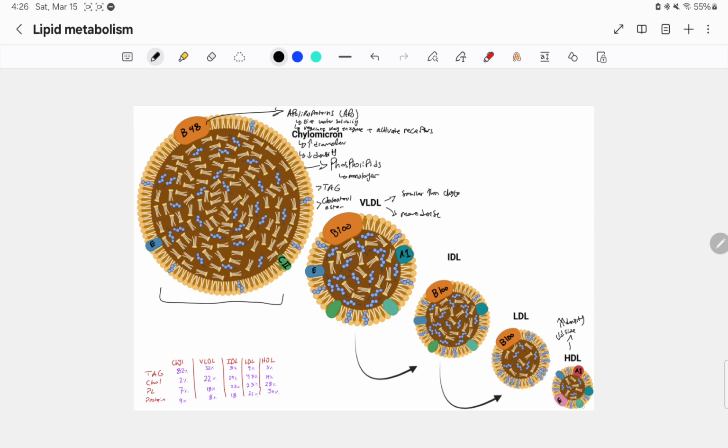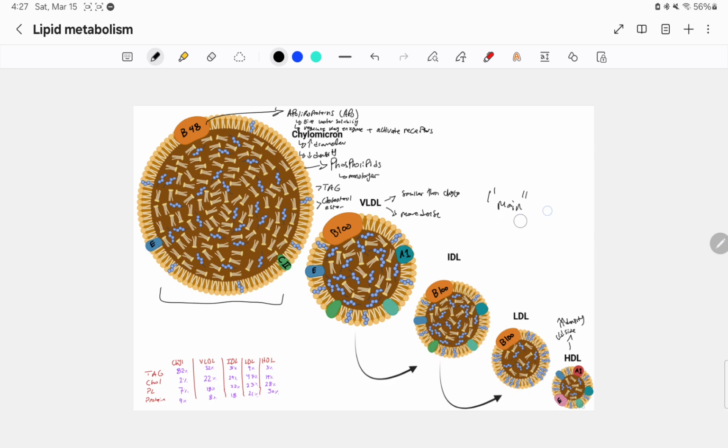Now, with all of this said, what are these little numbers that I've put on these apoproteins here, and why do they matter? Well, I'm so glad you asked. Every single lipoprotein is associated with what we call a main apoprotein, or a characteristic apoprotein, meaning that the apoprotein on the surface of it will help us determine what we're looking at.